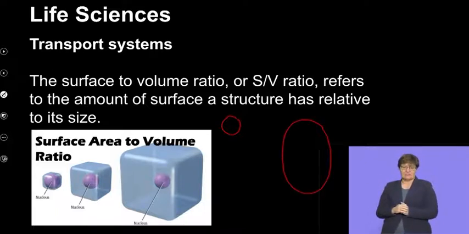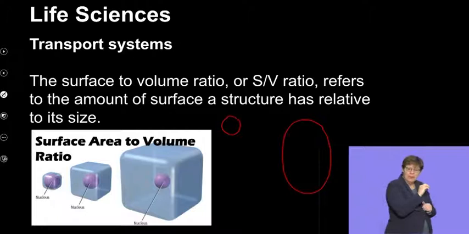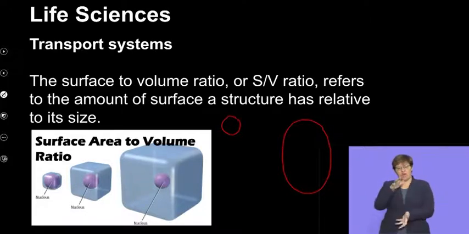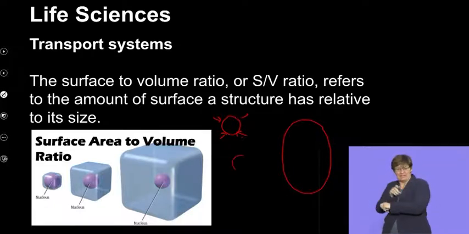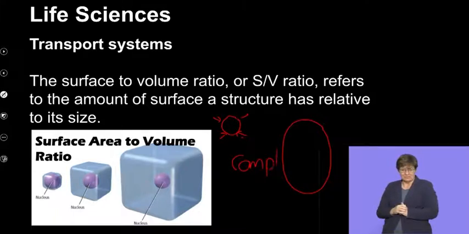Small organisms have a large surface to volume ratio, which means a lot of their needs are very simple. But the larger something is, the more we're going to need, and that actually means that we're going to need more complex systems.